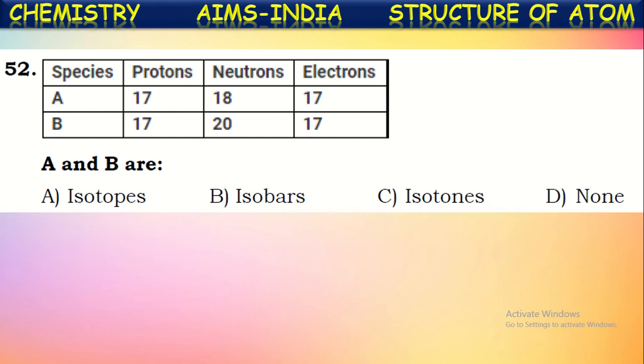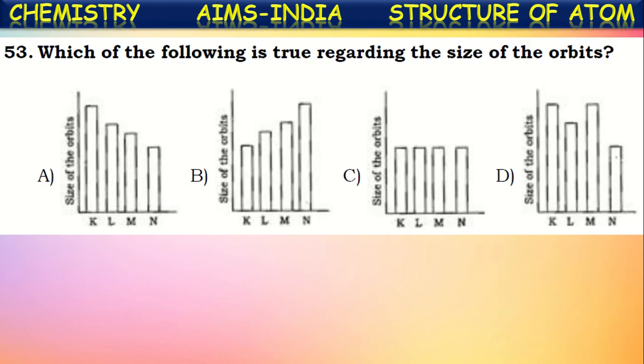The atoms which have the same atomic number but different mass numbers are defined as isotopes. Now we can say A and B are isotopes because they have the same number of protons, hence the same atomic number, but they have different numbers of neutrons, so they will have different mass numbers. Okay, they are called isotopes.